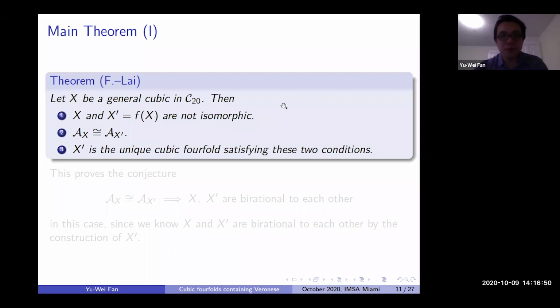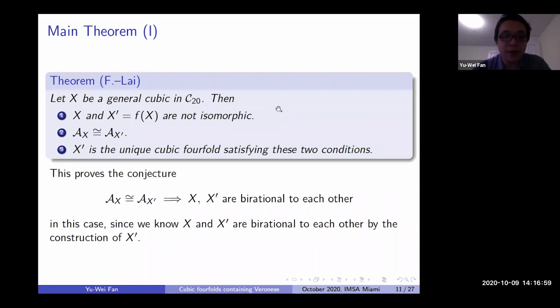Okay, so I'm going to sketch the proof of these three statements. What these imply is that the conjecture that equivalent K3 categories implies birational is true in this case.